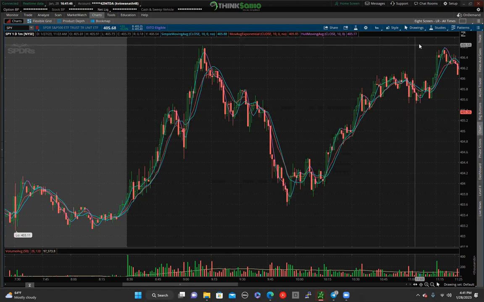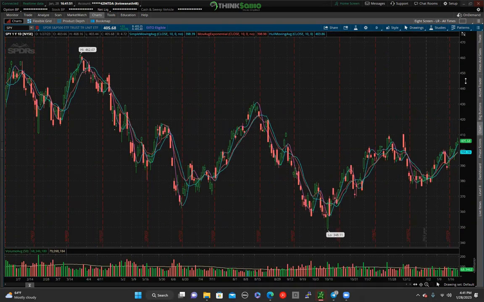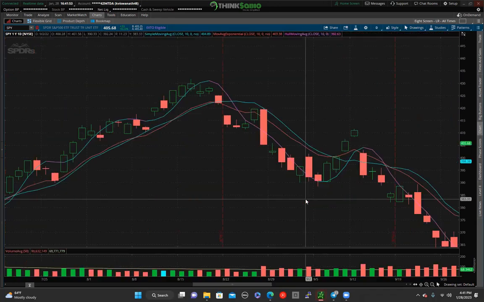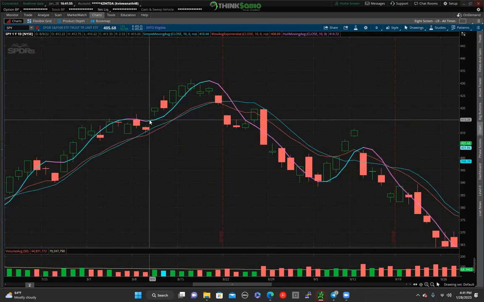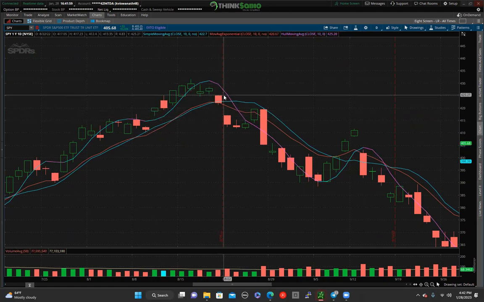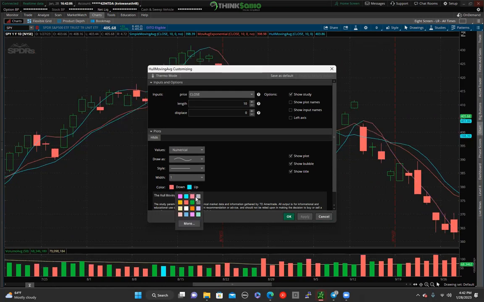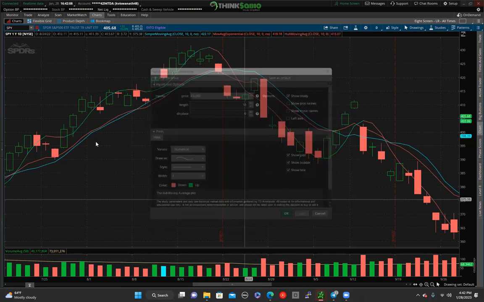The way Thinkorswim has it is that when the Hull moving average is going up, it will show one color. When it is going down, it will show another color. We can also change those colors. So when it is going down, I want red, for example. When it is going up, I want green.